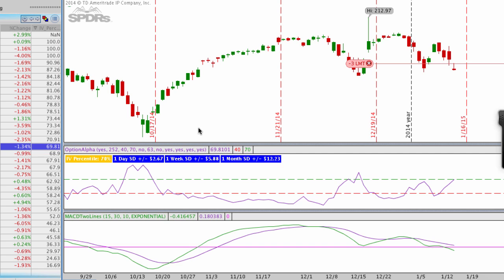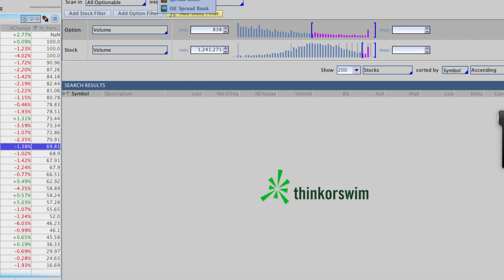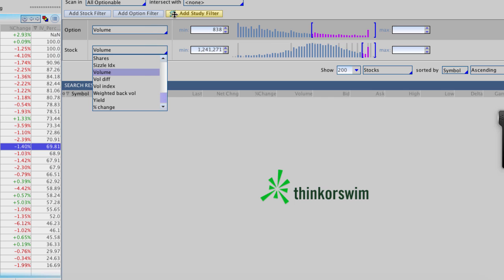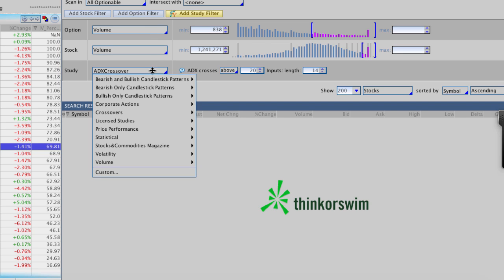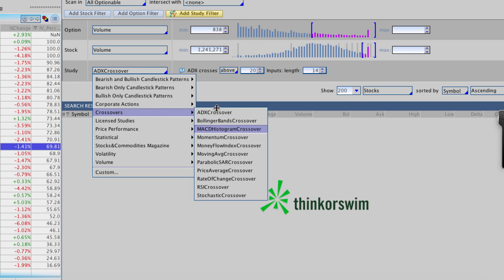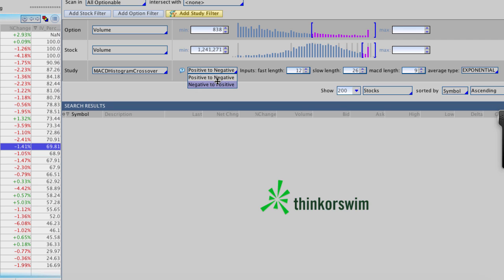So that's really how we start to look for and scan for trades. There are other ways that you can scan for trades with technical analysis by using the scan tab inside thinkorswim. There's a really cool way that you can filter things by different studies and indicators. So for example, if you wanted to pull up all stocks that had a MACD crossover from negative to positive, you could do that inside thinkorswim.